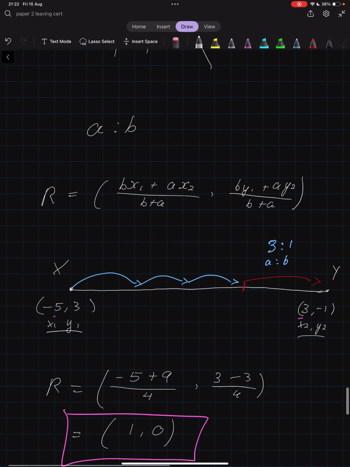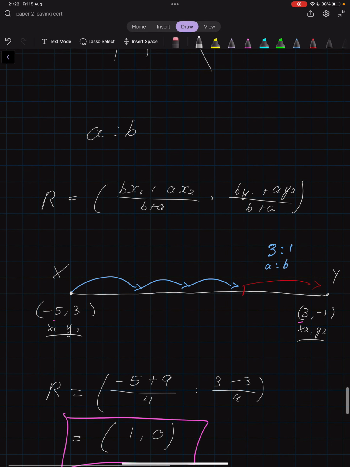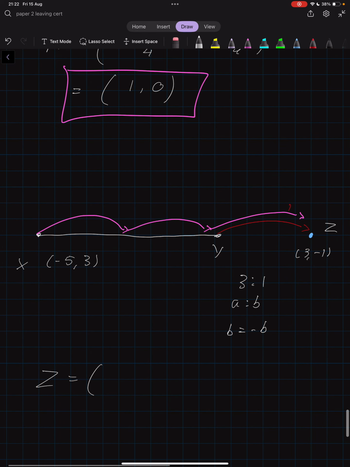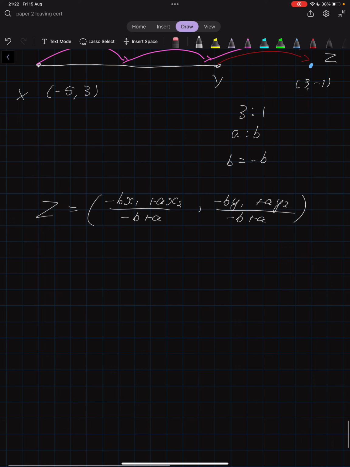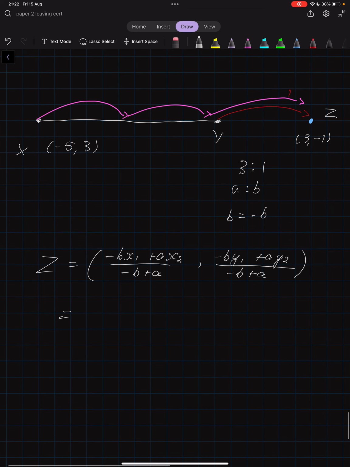So before it was plus B x1, now it's going to be minus B x1 plus A x2, all over minus B plus A, and minus B y1 plus A y2, all over minus B plus A. Okay? So now, again, this is x1, y1, x2, y2.